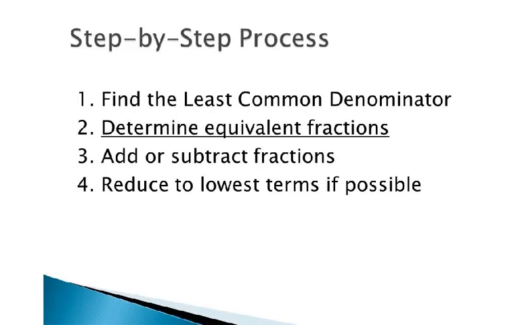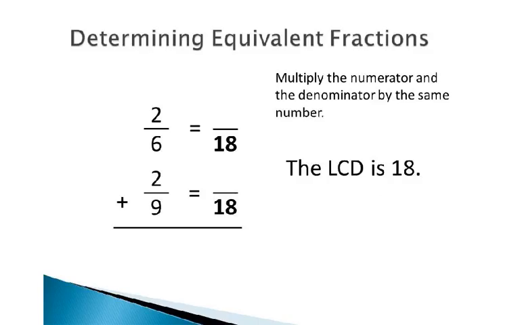Now, we found the least common denominator, so we need to move on to the second step, and that's to determine our equivalent fractions. Using that example where the LCD is 18, we need to find out what the denominators were multiplied by in order to get 18. In the top fraction, the denominator was multiplied by 3, so I need to multiply the numerator by 3.